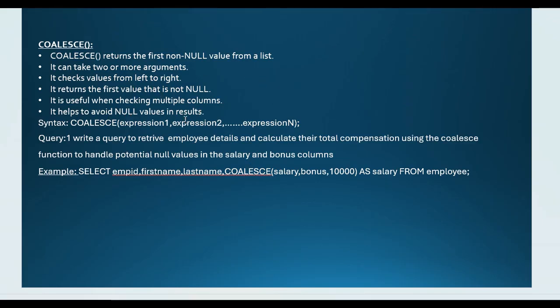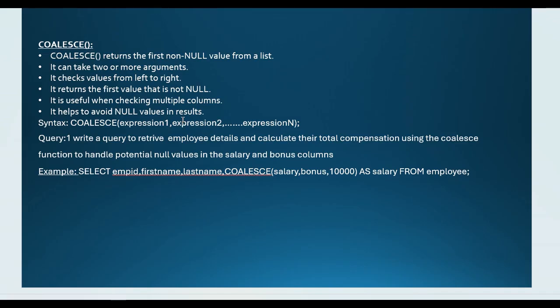It is useful when checking multiple columns and helps avoid null values in results. It is used in select statements, improves data readability, and is commonly used in real-time applications. The syntax is COALESCE(expression1, expression2, and so on, expressionN).